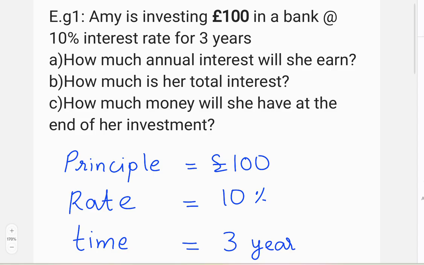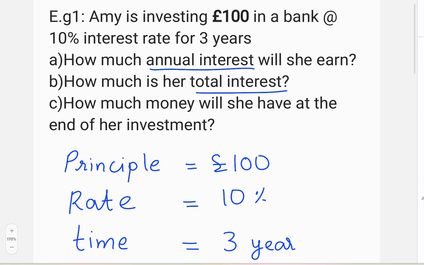And what do we have to work out? We have to work out the annual interest, the total interest for the whole investment, and how much money she will have at the end of her entire investment, at the end of year 3.